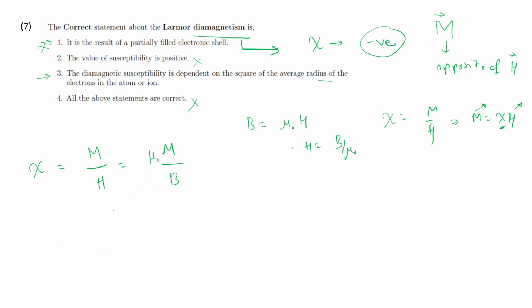Now we have to find the magnetization. Let us say the system has n number of magnetic dipole moments per unit volume, and each of them has a magnetic dipole moment of mu.